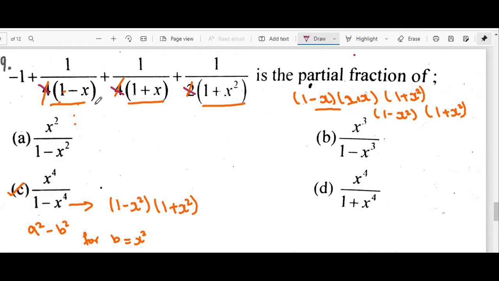And yes, another tip. Here we have this minus 1 here without any expression, without any factor in the denominator. This basically is telling us that initially the fraction was an improper fraction. So we have an improper fraction whenever the degree of numerator and denominator is equal, or the degree of numerator is greater than the degree of denominator, right?